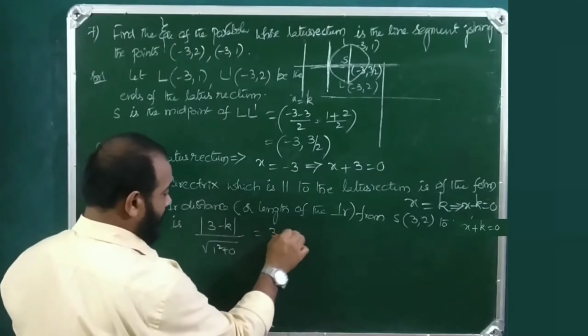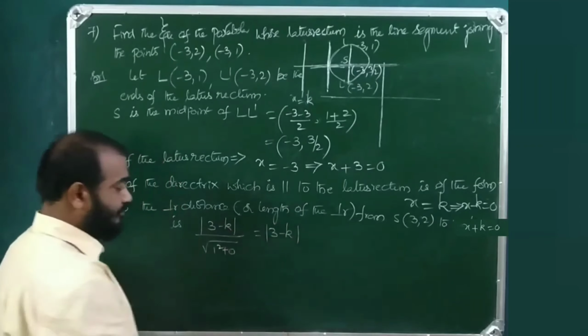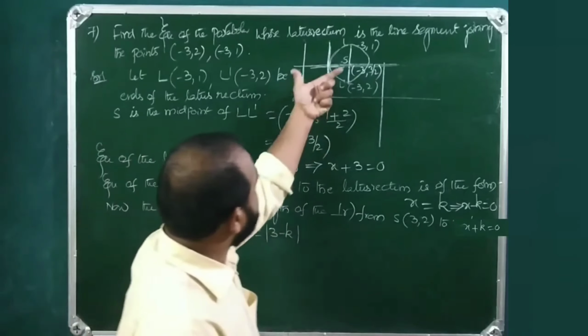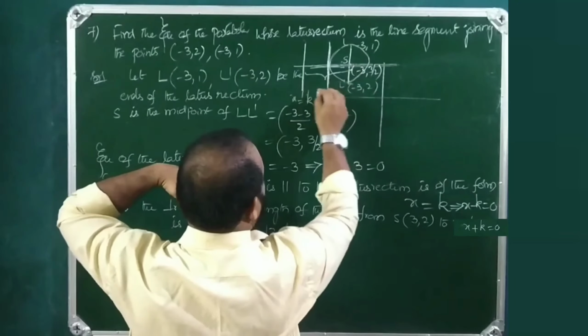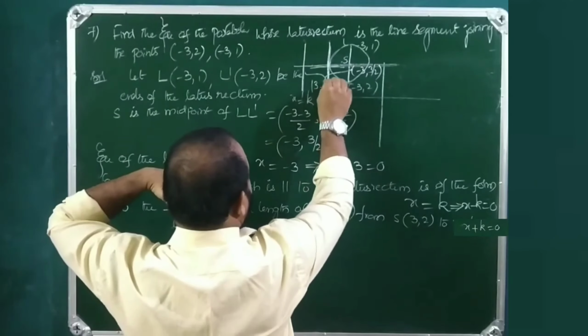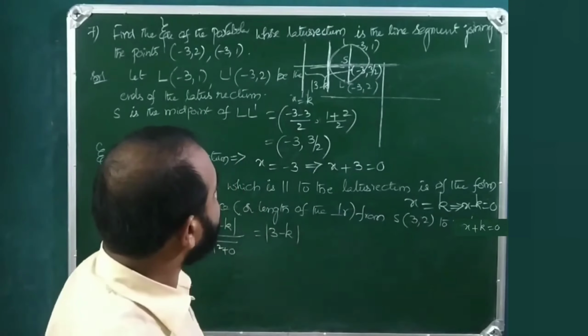So this is modulus of 3 minus k. From this to this is 3 minus k.